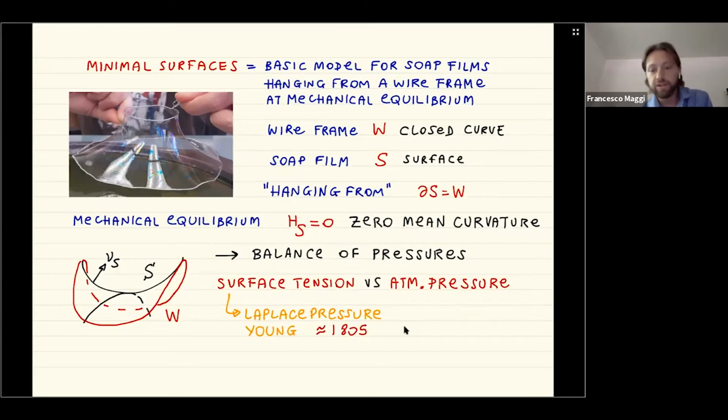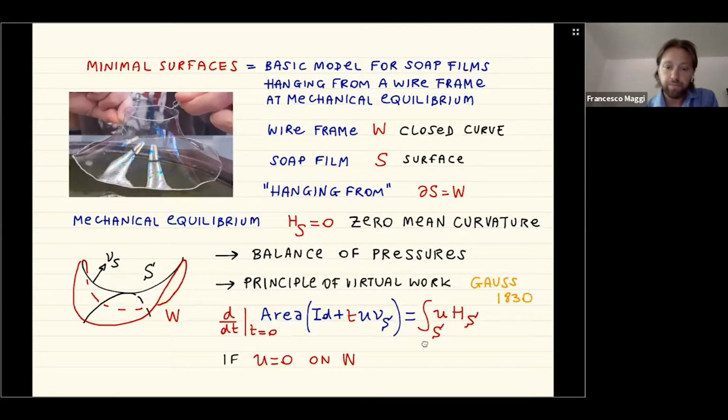And then, of course, there is a way of seeing this balance of pressures, the zero mean curvature condition, from the point of view of the principle of virtual works. This is a bit later, by Gauss. You consider the area of your surface S, and you deform your surface by the identity map, which does nothing, plus a small parameter t times a displacement u times the normal to the surface.